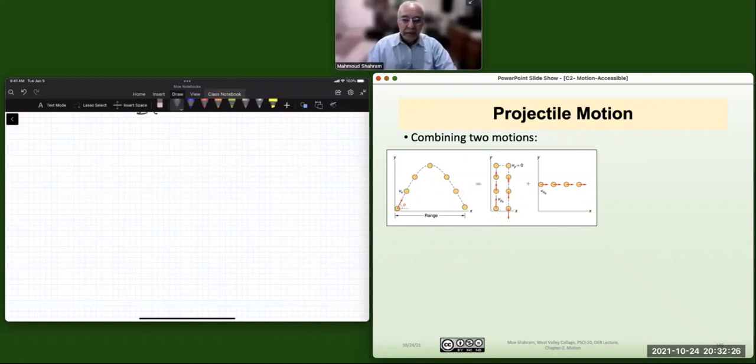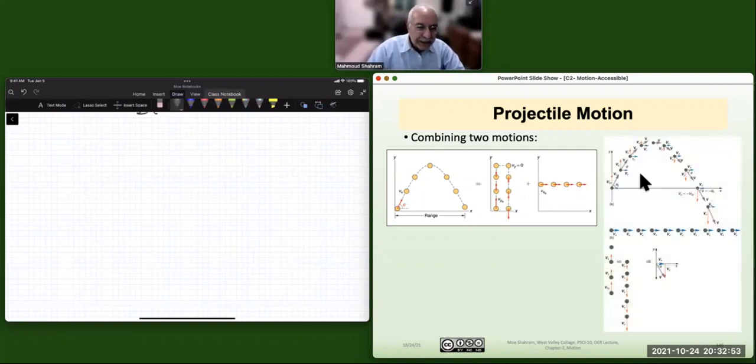Add to it one motion that goes straight horizontal at constant speed. Up and down is acted on by gravity, but horizontal is just constant. Now, if there's no air drag, this constant motion stays at the same speed. But if there's air drag, that affects the speed.